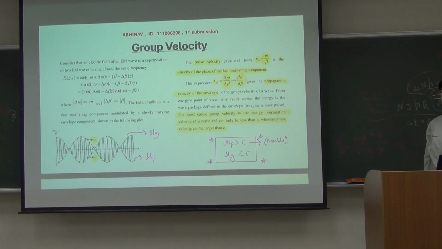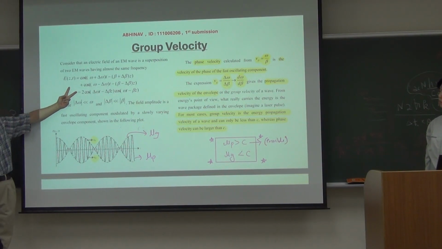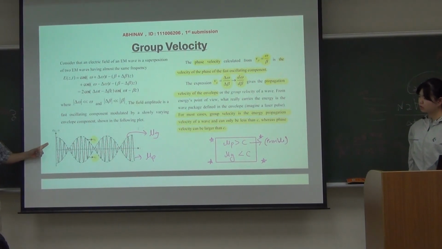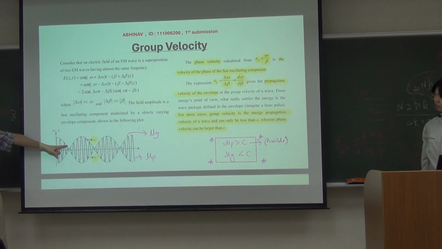So the textbook basically just picks the simplest case to create such an envelope and tells you that the envelope velocity carries information, carries energy, and then tells you the concept of group velocity. Because when you deal with this, it's hard to understand it.